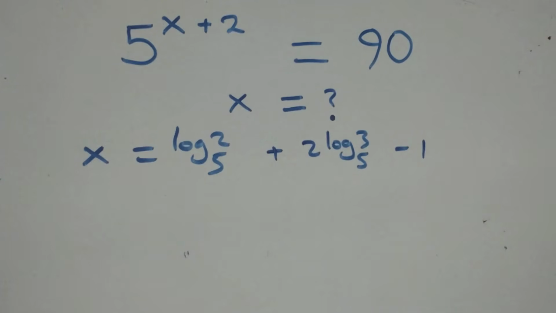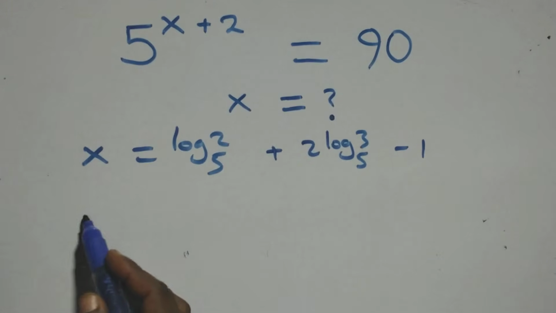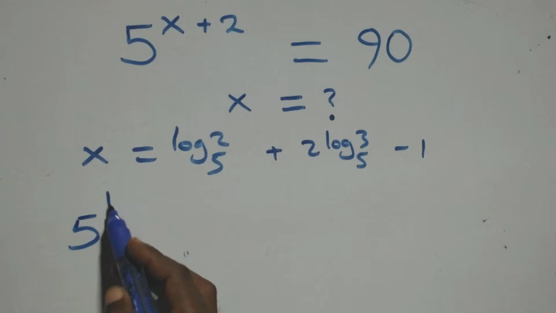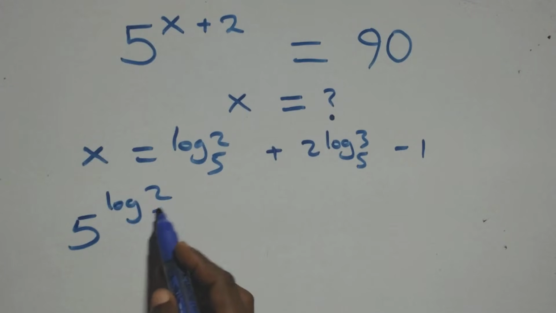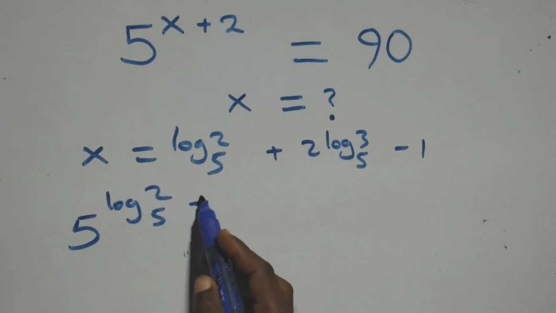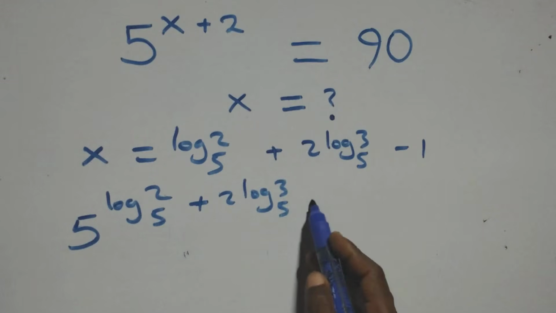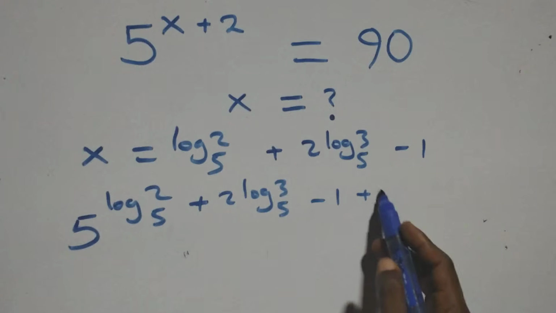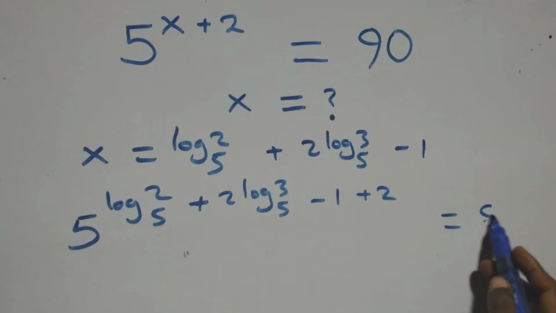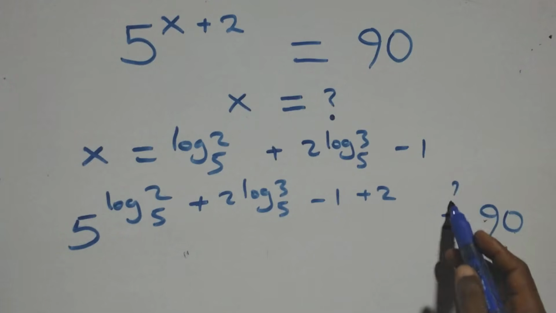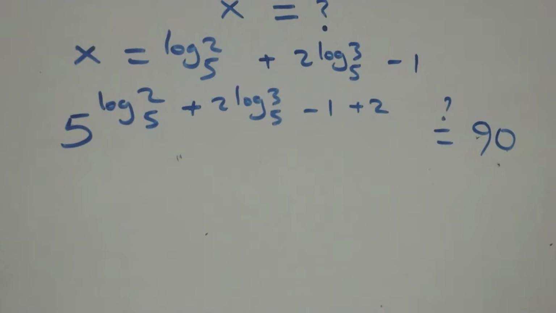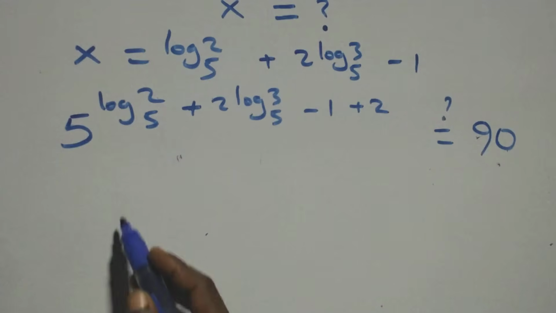Then what we have here becomes 5 raised to power log 2 base 5 plus 2 log 3 base 5 minus 1, then plus 2 here. Is it equal to 90 on this side? And here we have 2 minus 1, that's 1.